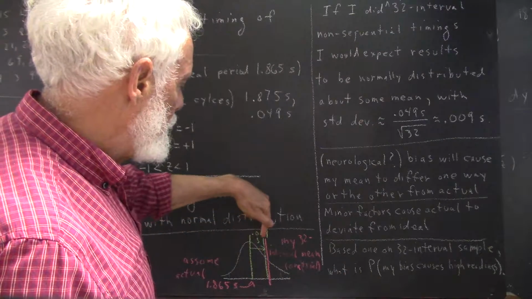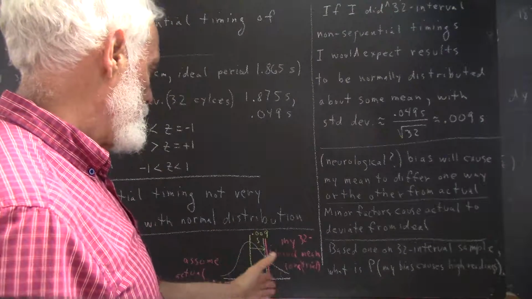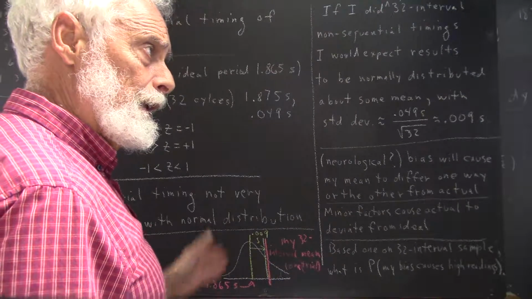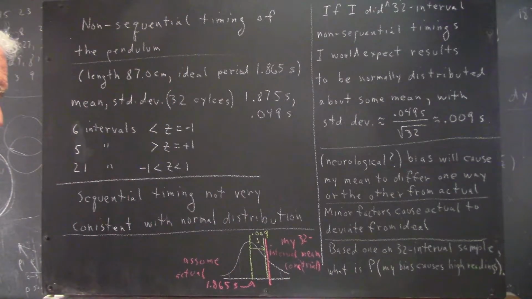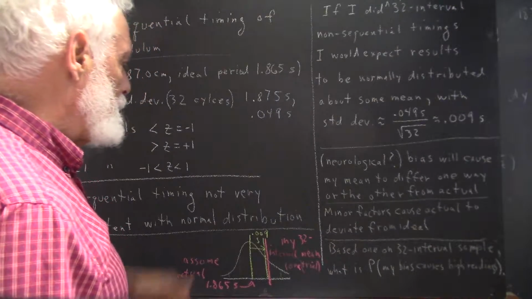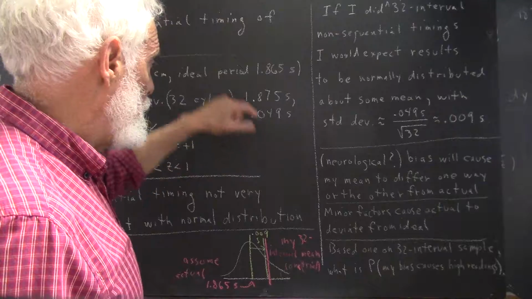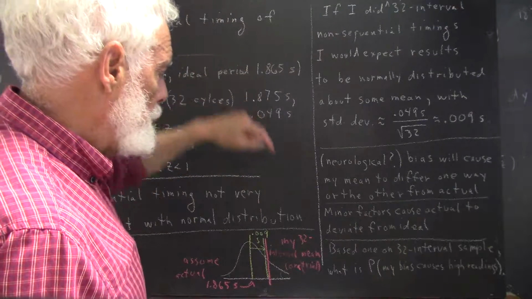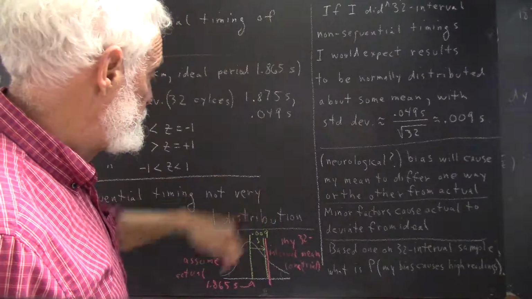I'm so far above that it appears that about 90% of the distribution is to my left, and that's going to give me a measure. I'm not going to go into detail because that can be a little bit subtle, and if I say much more it's going to be a little bit misleading. But that tells me that there's at least a fairly good chance that my 32 interval mean is greater than the actual.